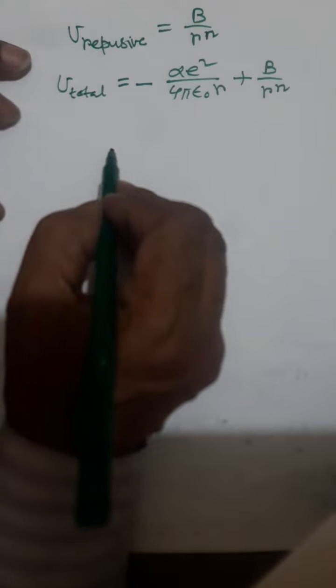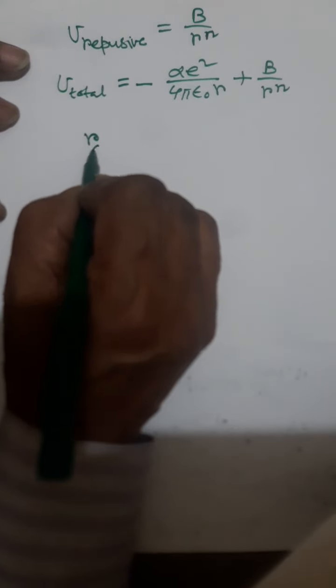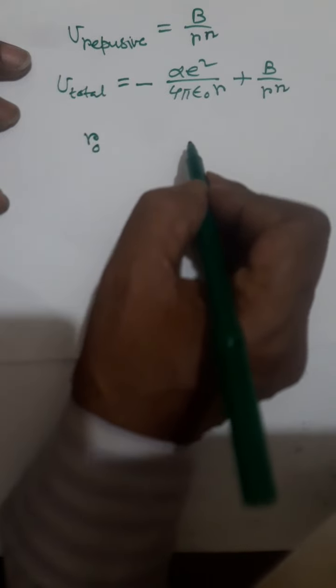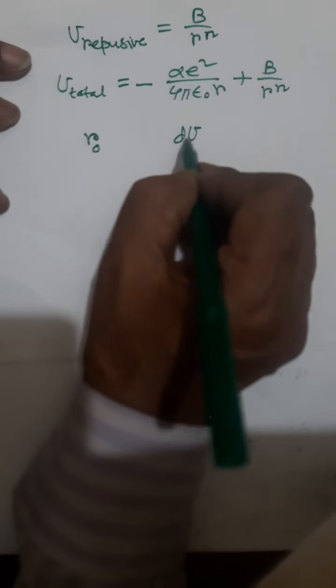At equilibrium separation r naught, r equal to r naught, U is minimum, and dU by dr equal to 0 at r equal to r naught.